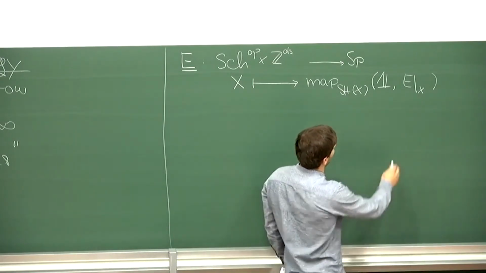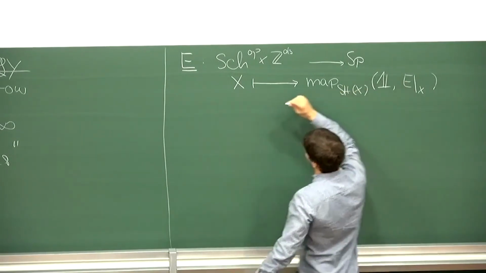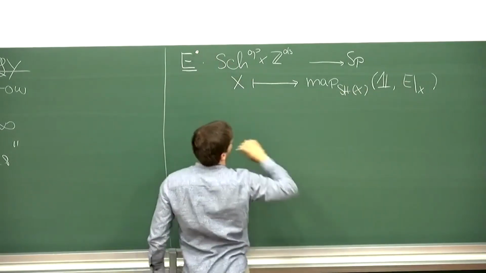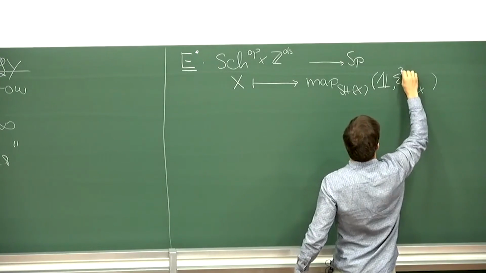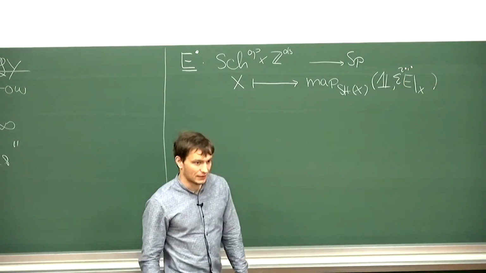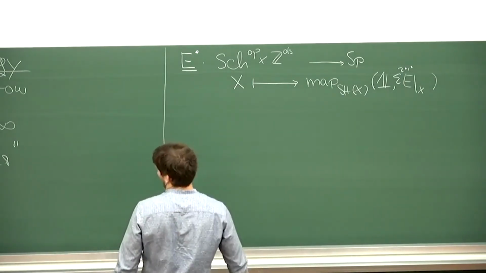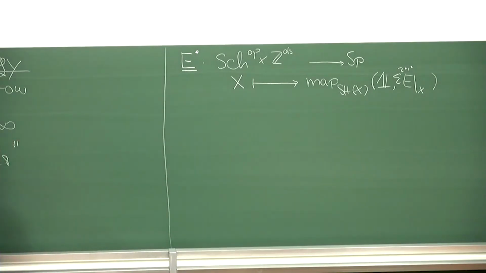In order to do this, I will twist this by some Motivic spheres. There's some convention of how to twist it, and this is how I will twist it. So if you take any Motivic spectrum, you get this cool data for any scheme.